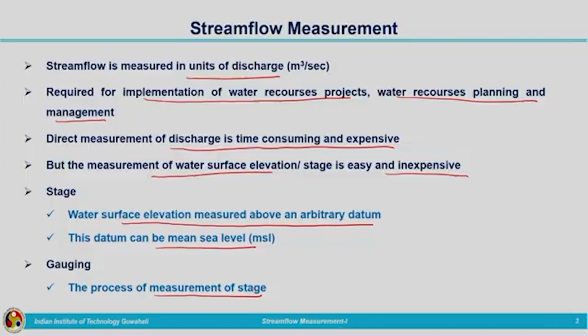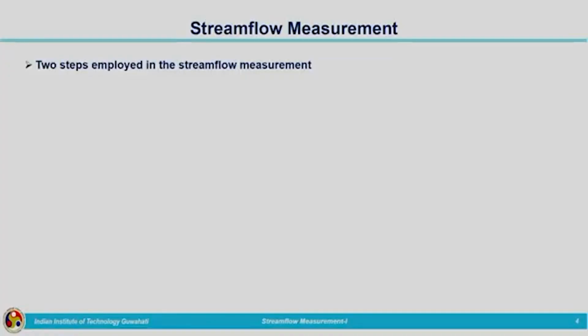gauging. So, when we talk about stream flow measurement, measurement of this stream flow is a difficult process and also time consuming. So, we will always go for indirect measurement of stream flow by measuring the velocity and also water level. There are two steps involved in the stream flow measurement, step 1 and step 2.